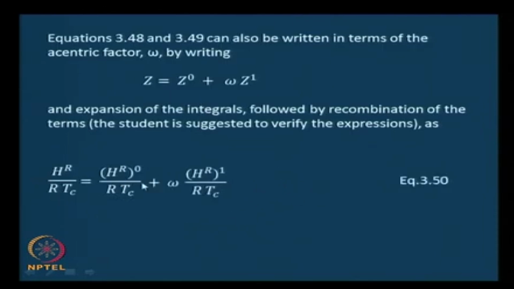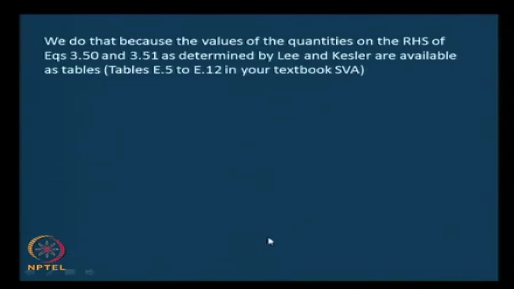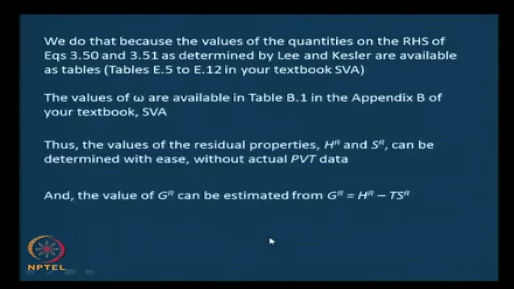The explicit form is HR by RTc was HR0 by RTc plus omega times HR1 by RTc, and SR by R was SR0 by R plus omega times SR1 by R, and the values, the 0 group and the 1 group, are available in tables E5 to E12 in appendix E of your textbook.